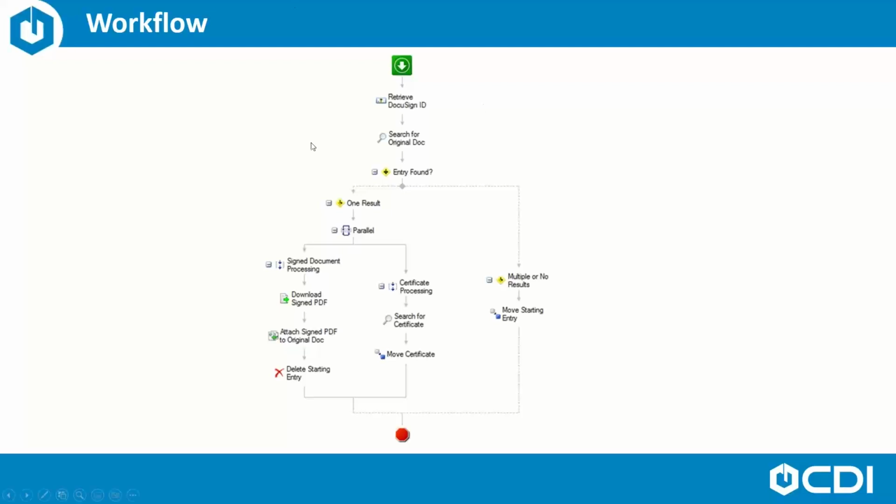So retrieving the information back from DocuSign. We're pulling that DocuSign ID that gets assigned to every one of your envelopes that goes out, pulling back that information. If we've found results, then we're going to send the signed document for processing, download the PDF, and then auto-file, of course, from there.